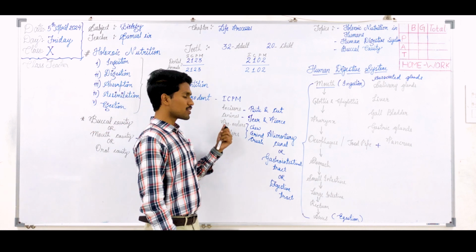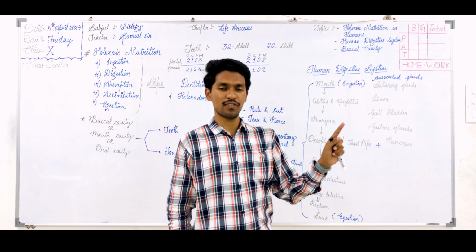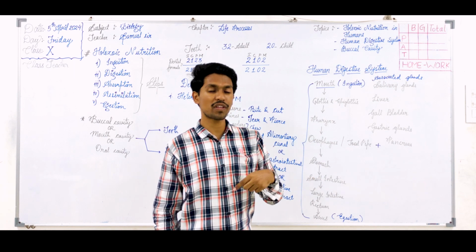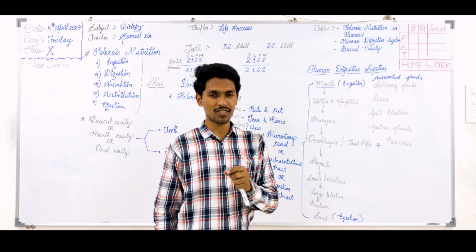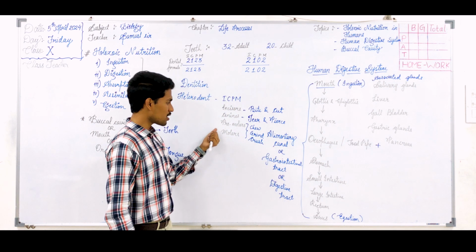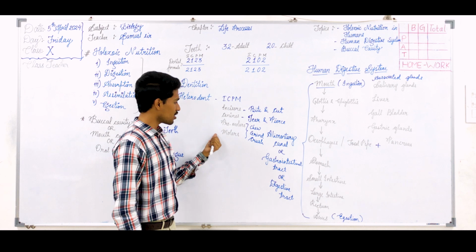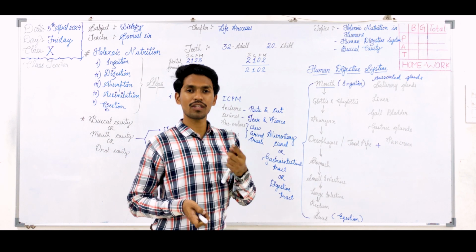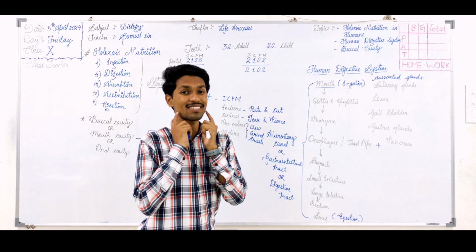If you go to a field, a cow or a buffalo or a goat will be constantly chewing the green grass for a longer duration. What do they use for that? They use premolars and molars. And the number of premolars and molars in the case of herbivores is more. And they keep chewing for a longer time using the side ones.